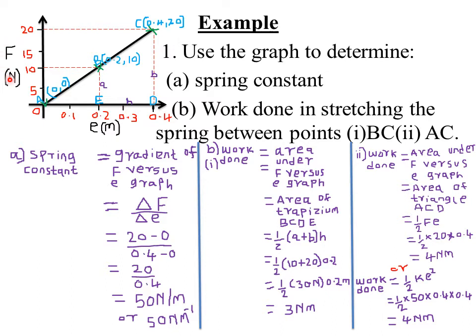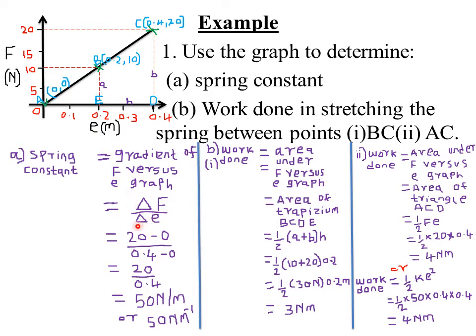But what is representing our y-axis here is the force, and what is on our horizontal axis is the extension, and therefore the spring constant, or the gradient of the graph, will be equal to the change in force, because the force is on the vertical axis, divided by the change in extension, because the extension is on the horizontal axis.